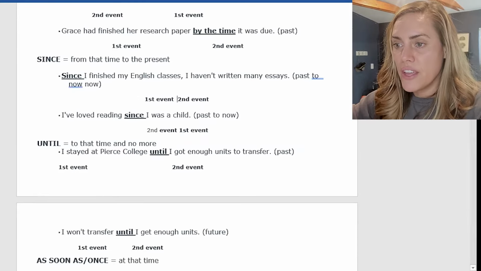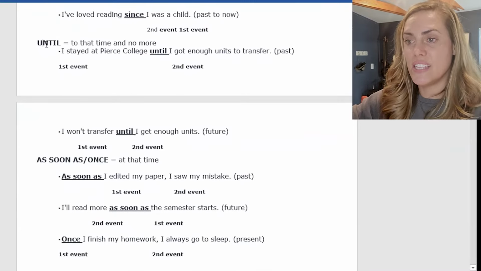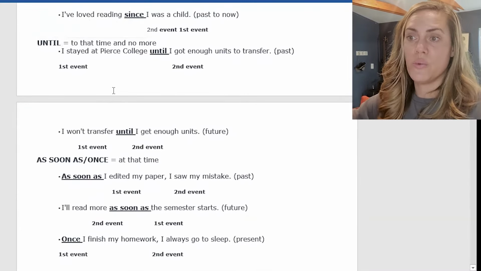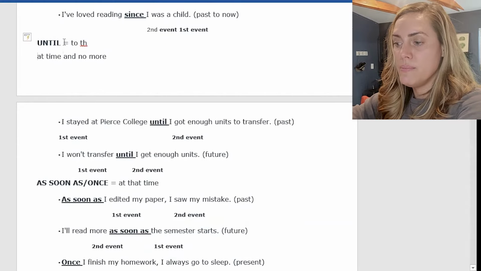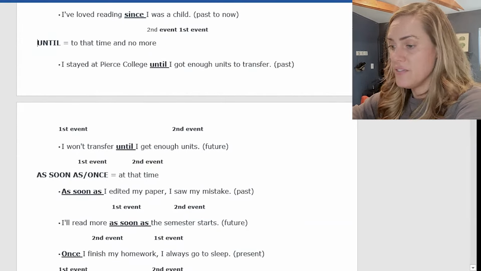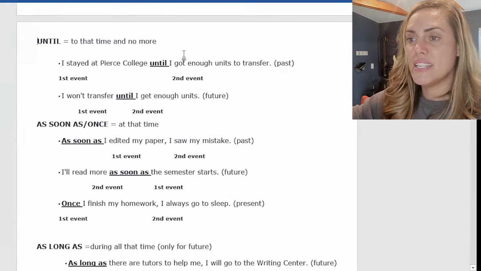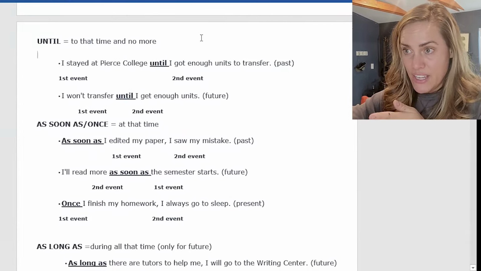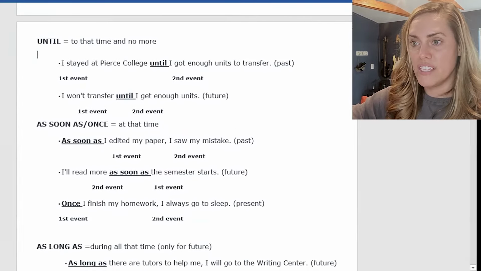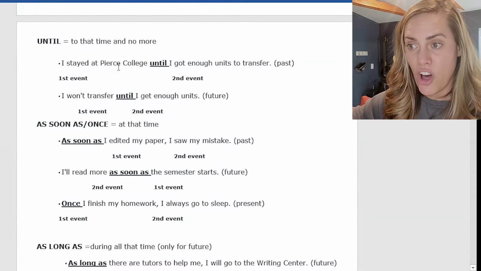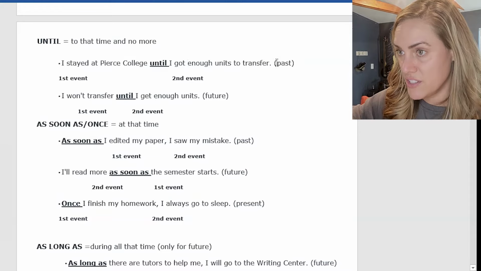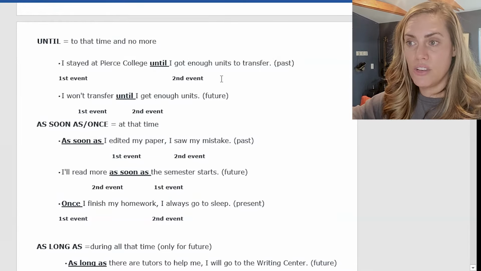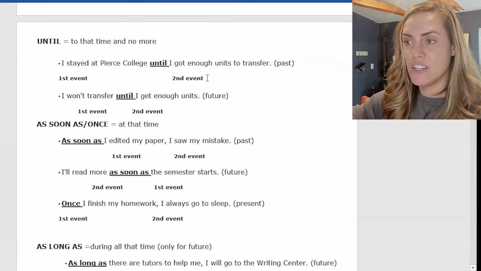Now, another thing is we use the word until. This is a time word as well that we use with adverb clauses. This word's sometimes kind of confusing, but it's very common, and what it means is to that time period and no more. So let me give you an example. I stayed at Pierce College until I got enough units to transfer. So I stayed at the community college until I could transfer.